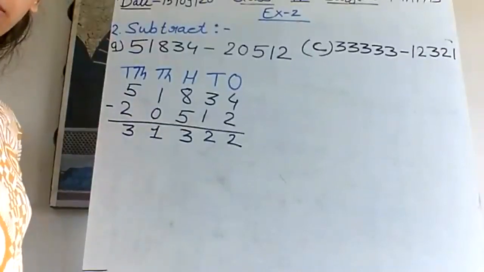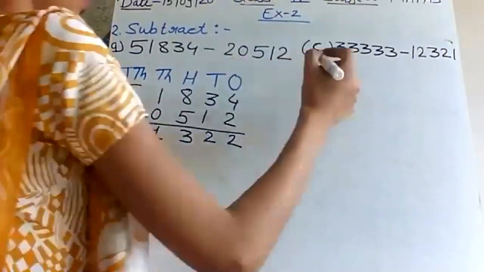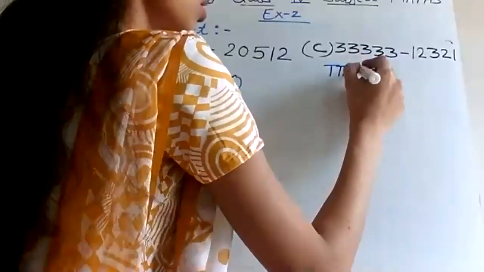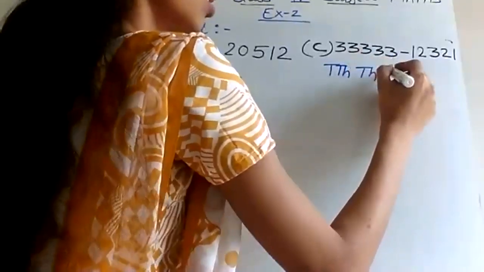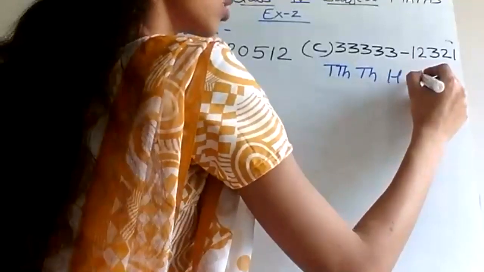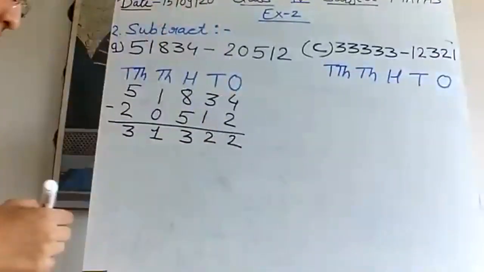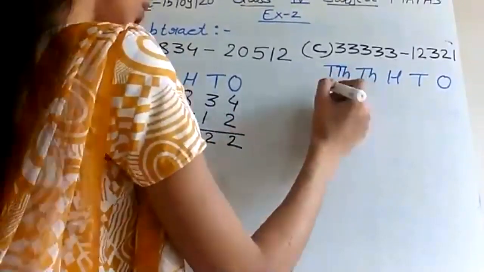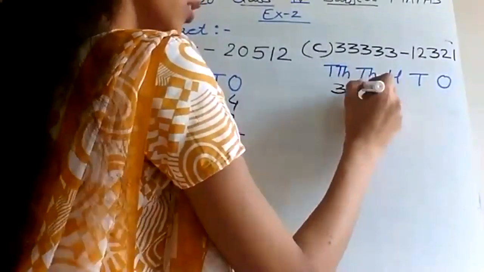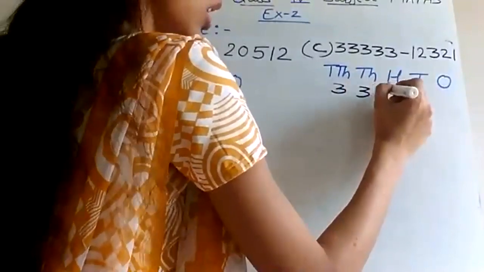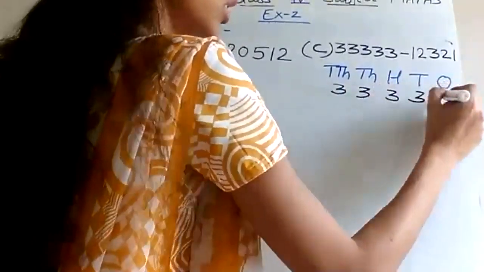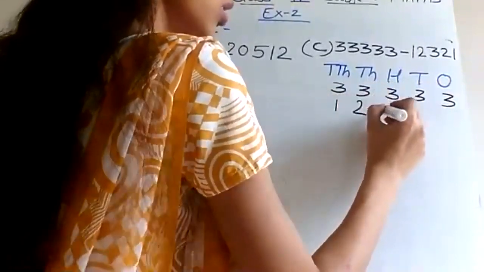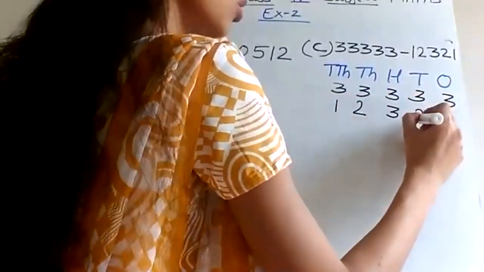Arrange the numbers according to their place: 10,000, 1,000, 100, tens and ones. Now arrange the number. 33,333 minus 12,321.